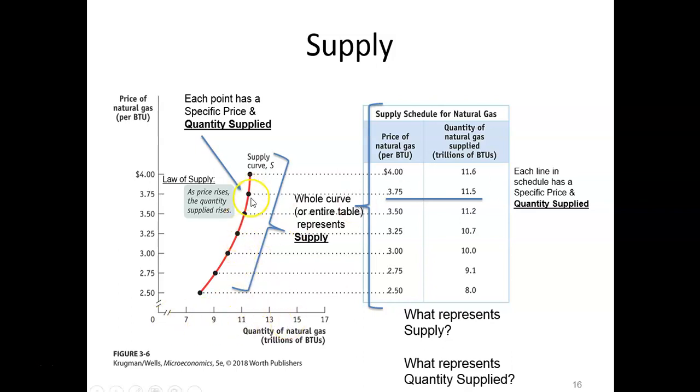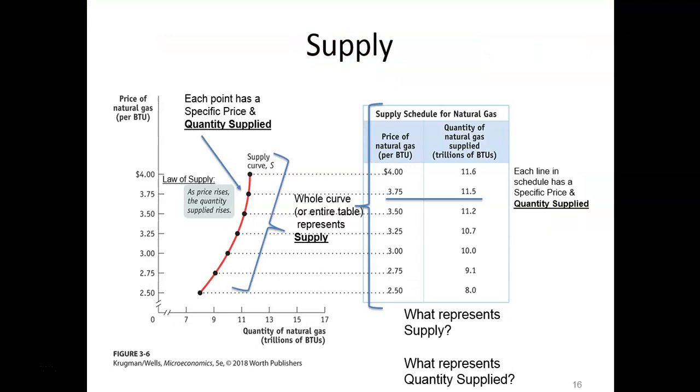So $3.75 per BTU, we go to that point, go down, and see that somewhere above 11 trillion BTUs are supplied, and we can see the number more specifically on the schedule, where at $3.75, 11.5 trillion BTUs are supplied.